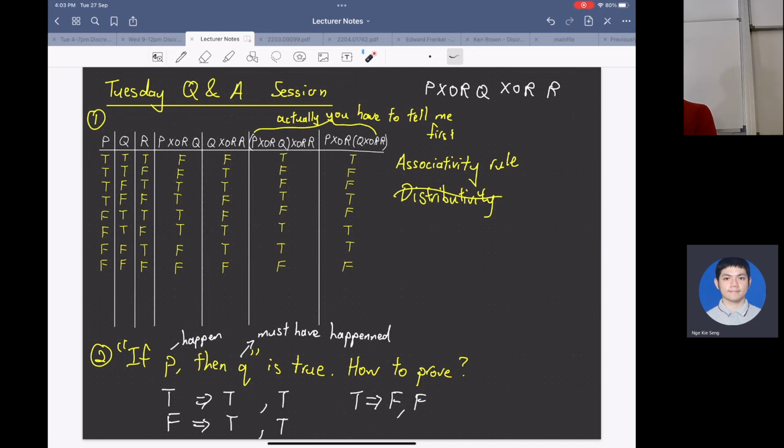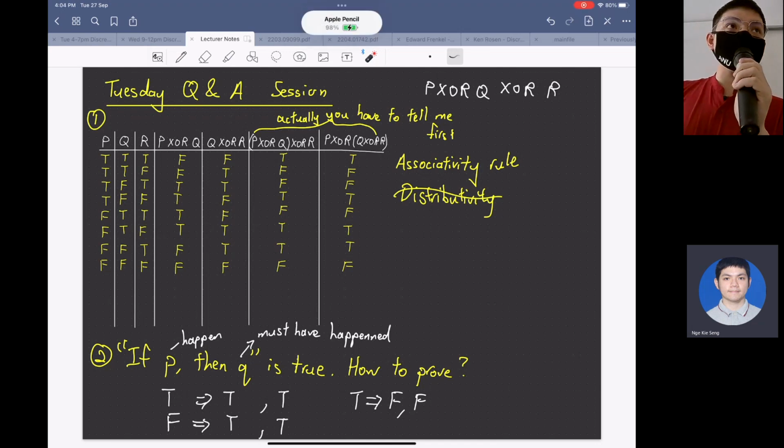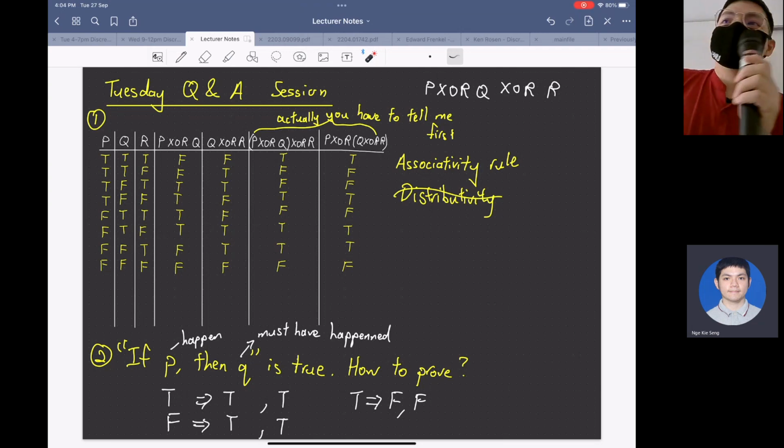Confused? I see some confused faces. Any questions? I'm open to questions. Yes.